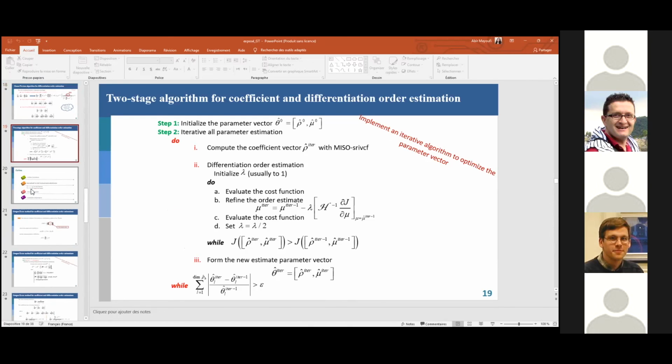Once you reach that convergence test, the algorithm stops. So there is a slight difference between both algorithms because of this final test. Okay, yes, I understand. It's always tricky with nonlinear optimization.